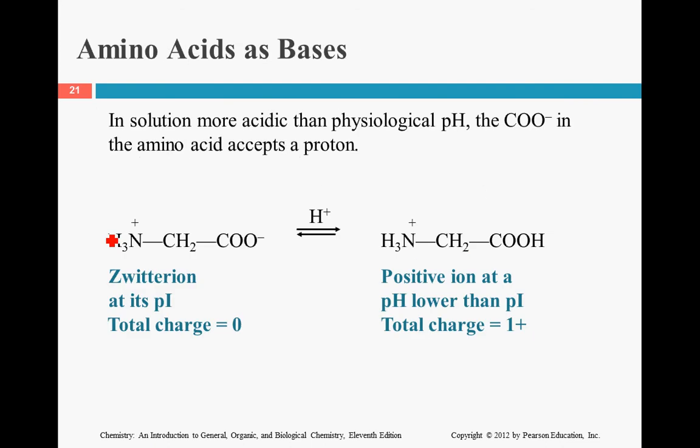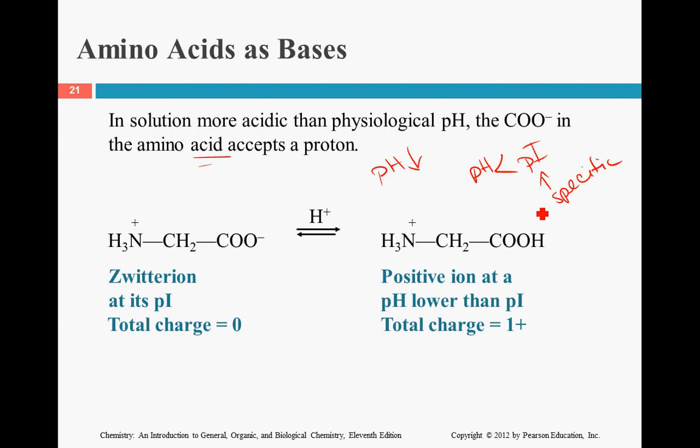So, if you're in an acidic environment, that means your pH goes down. The pH is lower than the PI, which is specific for the amino acid.